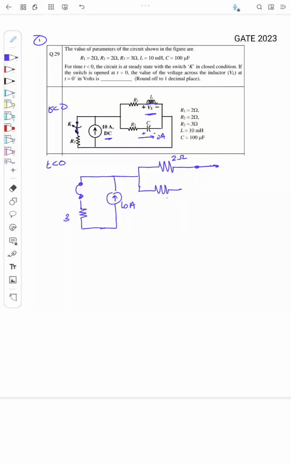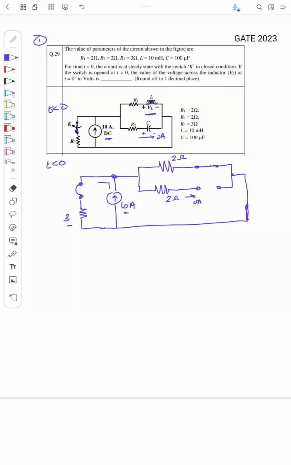And here there is R2, which is again 2 ohm. Now the capacitor I will draw like an open circuit because it gets charged and there won't be any flow of current through it. So the current through this is 0 ampere, right? And this is connected. Now if you carefully see, this 3 ohm and this 2 ohm are now in parallel with 10 ampere.